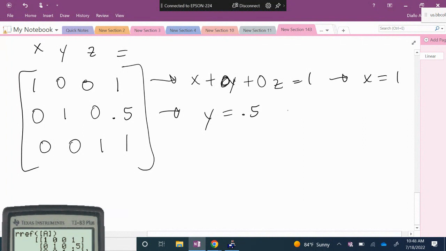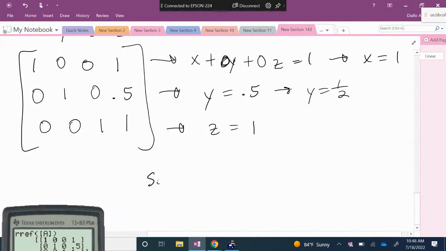So that tells us that y is equal to a half. So x is equal to 1, y is equal to a half, and this last equation tells us that z is equal to 1. So our ordered pair solution is 1, 1/2, 1.